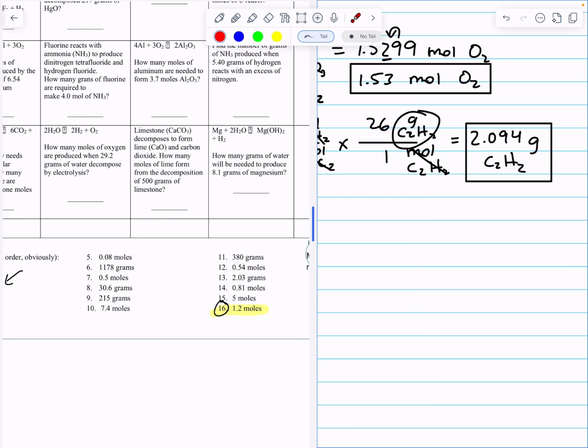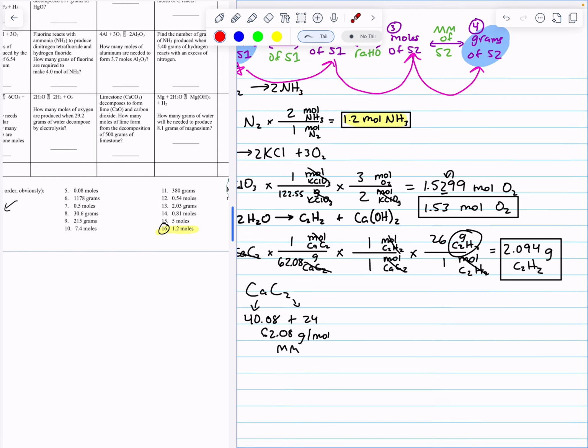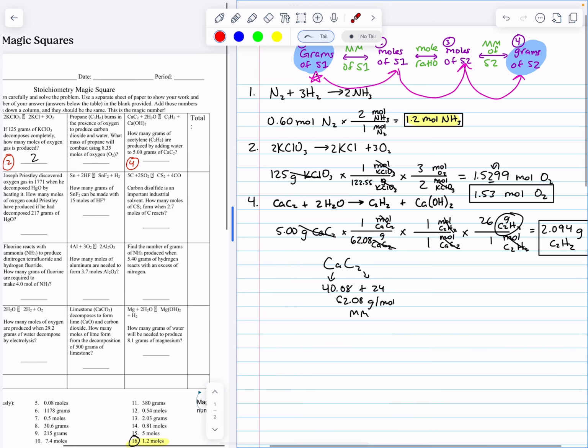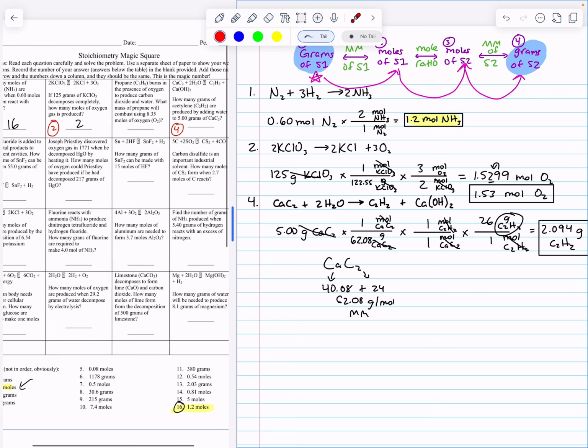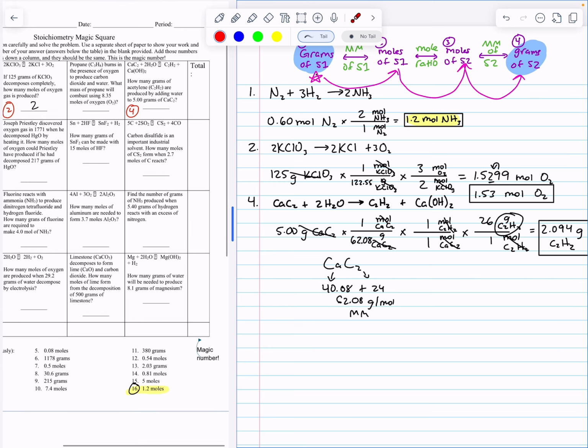I got. Hold on. No one move a singular muscle. Okay, 5 grams of CaC2, grams of CaC2, moles of CaC2. The molar mass of CaC2 is... hold on guys, am I dumb or something?